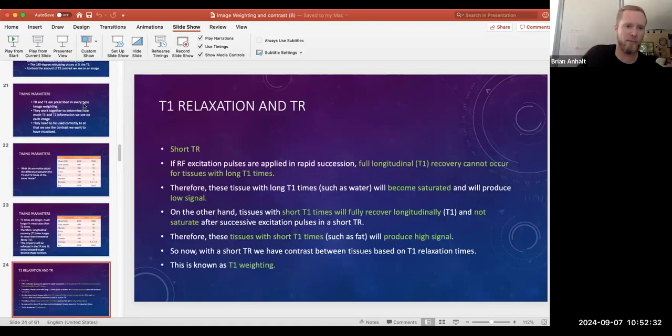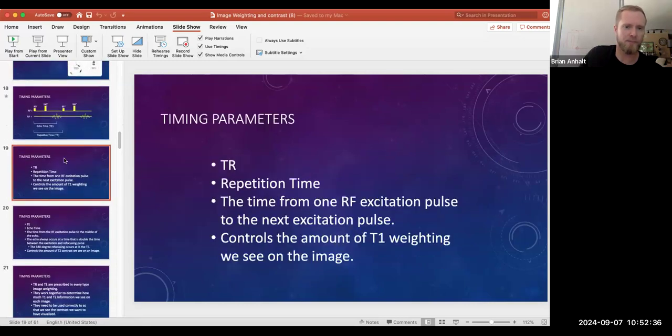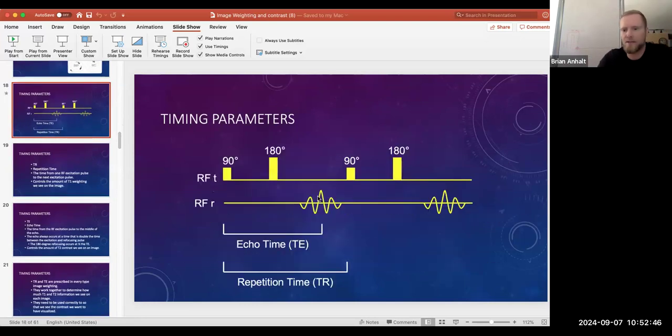So what are our timing parameters? TR, standing for repetition time. It's the time from one RF excitation pulse to the next. This is a little bit deceiving because if we were looking at a to scale diagram of this, the 90 would be way out in front, much further than the echo time.